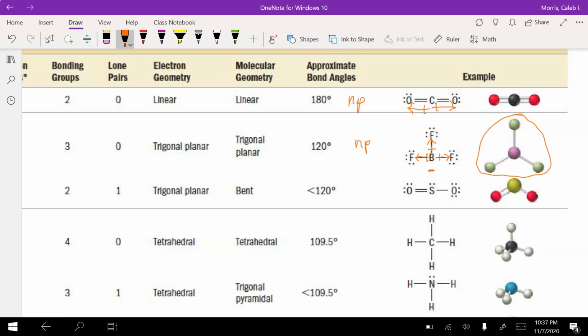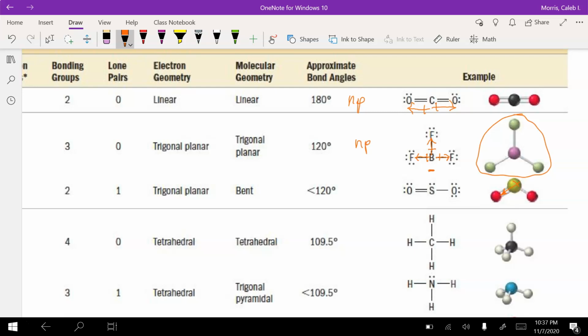And if you found sulfur and oxygen on the periodic table, you'd find oxygen is just above it, which means oxygen is more electronegative. So if we wanted to figure out which way our dipole would face in these bonds, it would face toward oxygen. And it's important that you think about the shape when you decide if something's polar or not. See, oxygen's more electronegative than sulfur is, so we've got a dipole pointing that way.